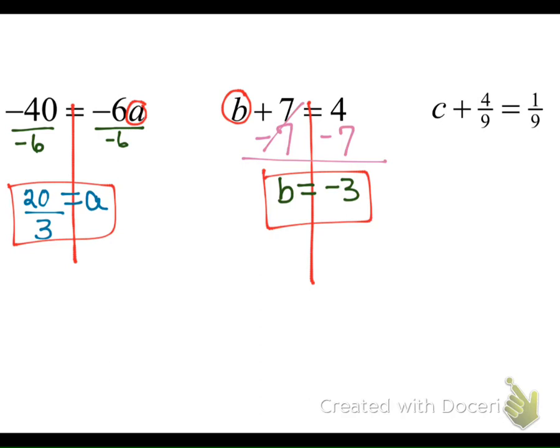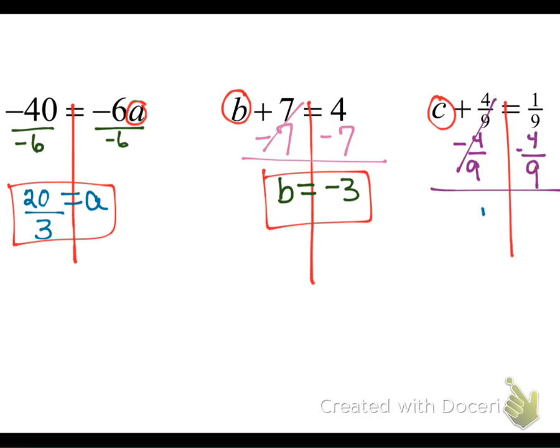Okay? Circle your variable. Alright, Jaden, what do I do first here? Draw my line, circle my variable. Then minus 4 over 9, whatever I do to one side, I do to the other. Okay, that cancels.